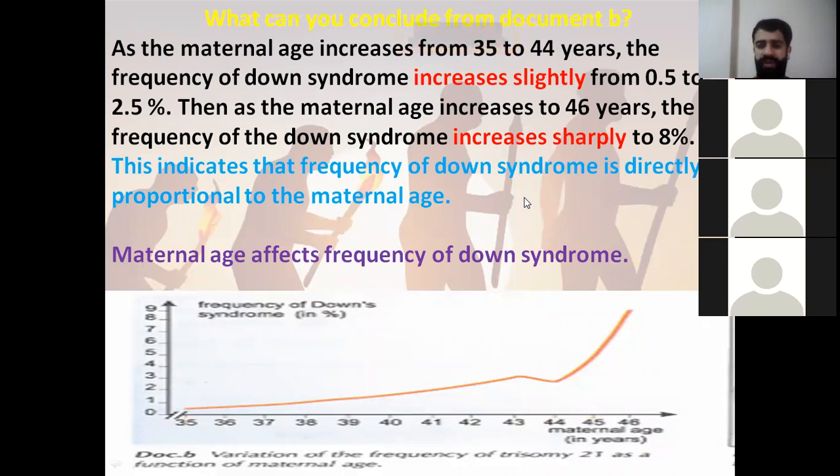So what can you conclude from document B? Document B, as the maternal age increases, and pay attention here to the colored words. As the maternal age increases from 35 to about 43 or 44, there's no problem about this. So the frequency of the Down syndrome here, it increases what? It increases slightly. So I have to use this. It doesn't increase sharply.